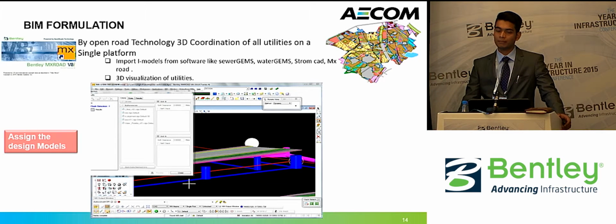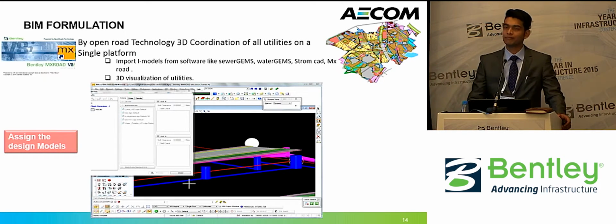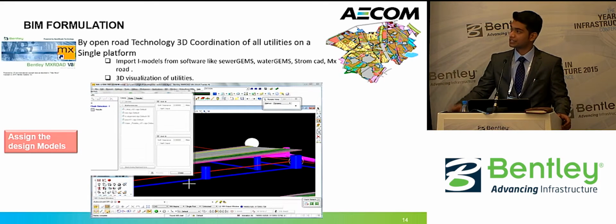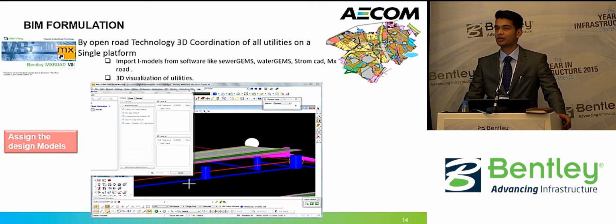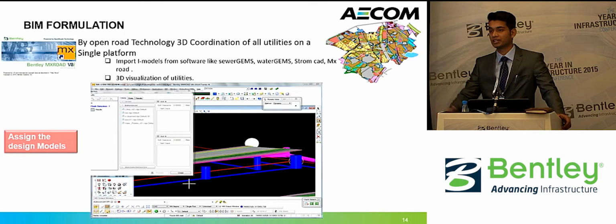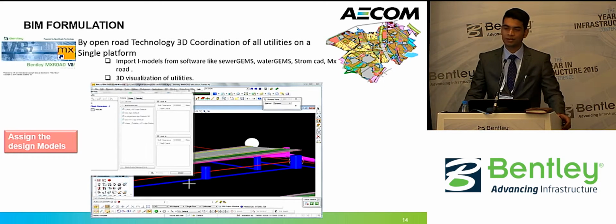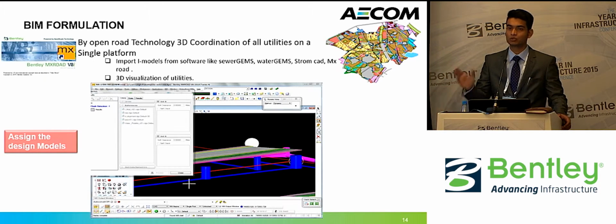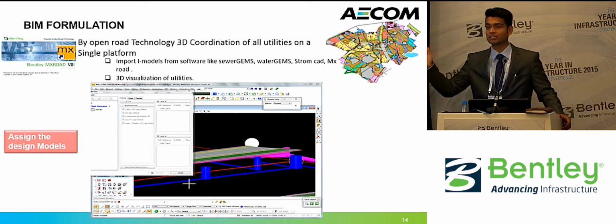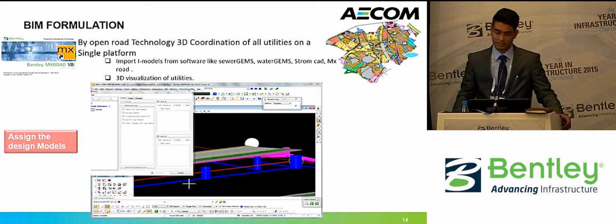By using this software and BIM modeling, we got the clash detection, and we found 1700 clashes on our site. If those 1700 clashes had gone onto the site, I don't know if the project would run or not. There are so many projects suffering with this kind of problem.